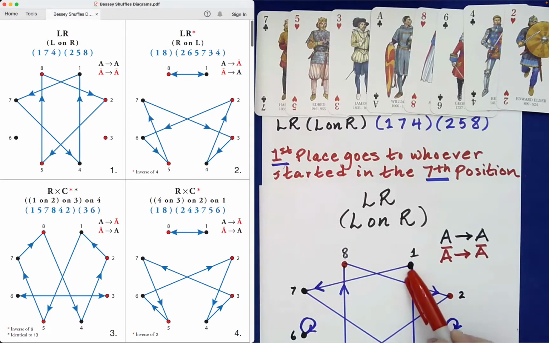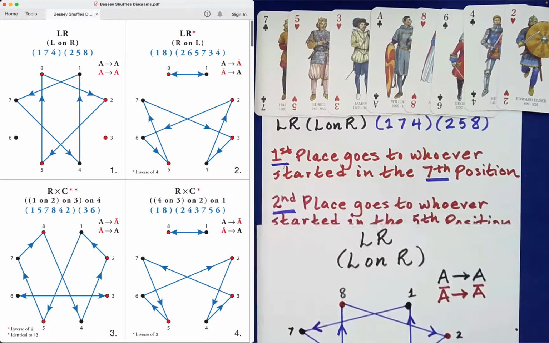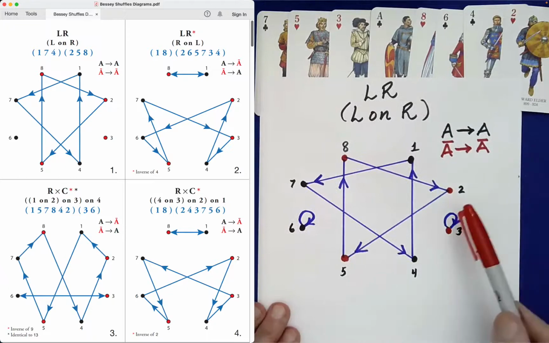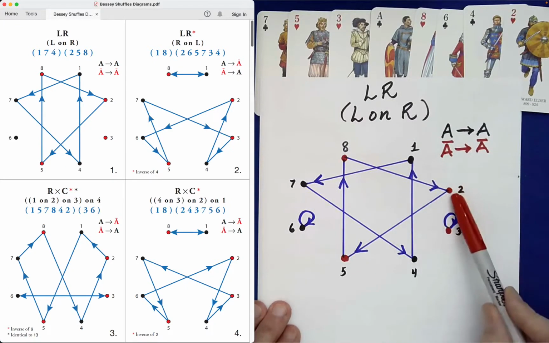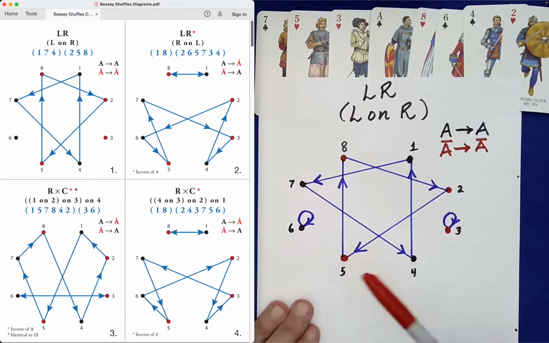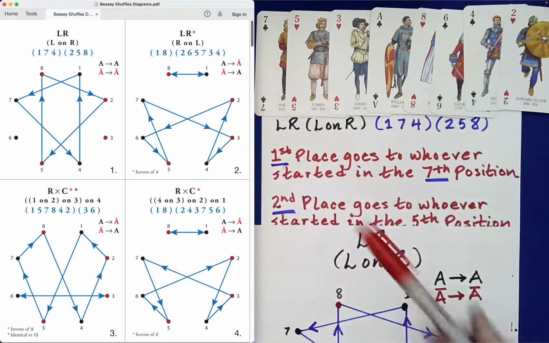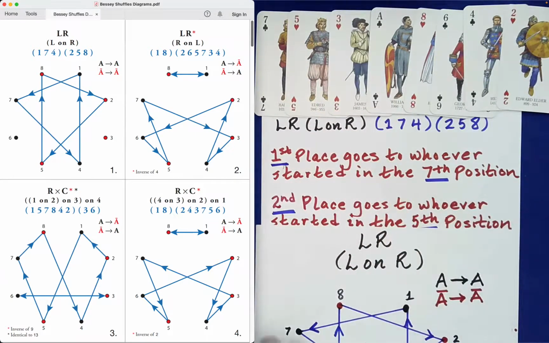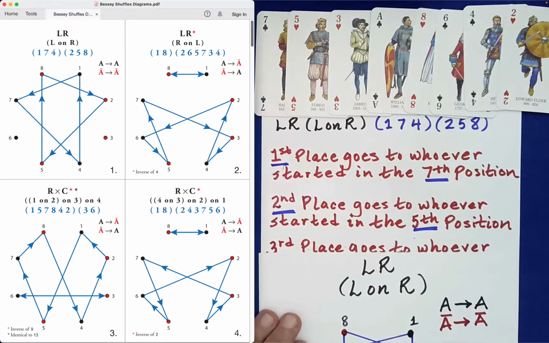So first place goes to whoever started in the 7th position, and second place goes to whoever started in the 5th position. Is that true? Second place goes to the person who originally started in the 5th position. That's true. We see it right here. The second place winner is now the 5 of hearts, and that 5 of hearts started in the 5th position.